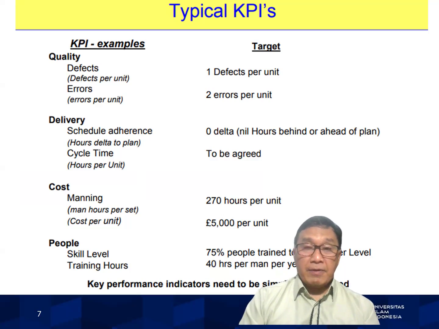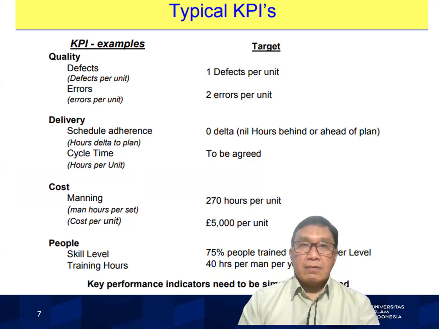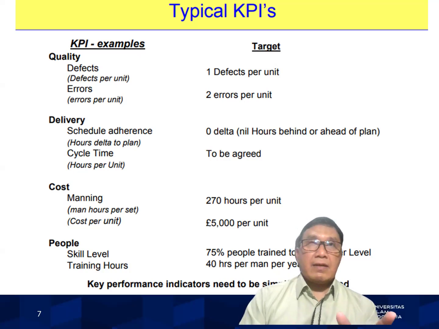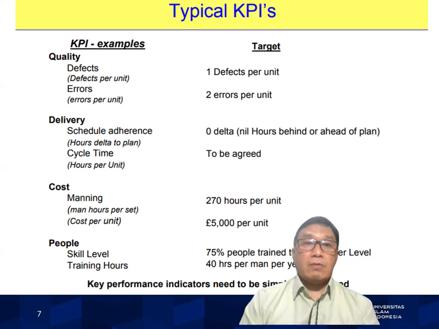That's the KPI variable. But how much is the target? The target is the quantitative part. For example, for inventory accuracy, how many percent should the inventory be accurate? Is it 100%, 90%, 75%, or how much?